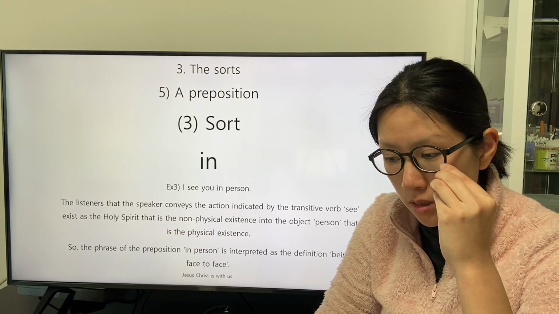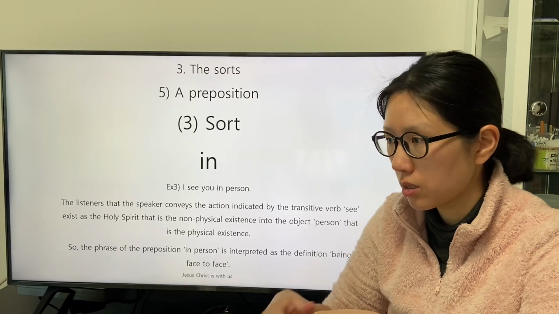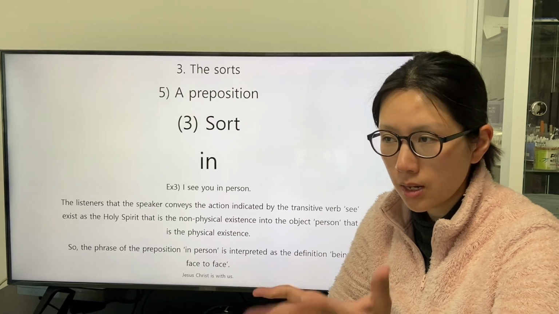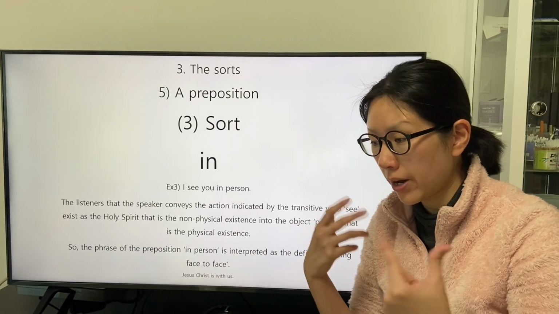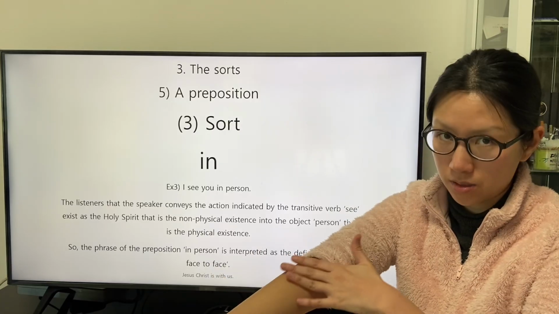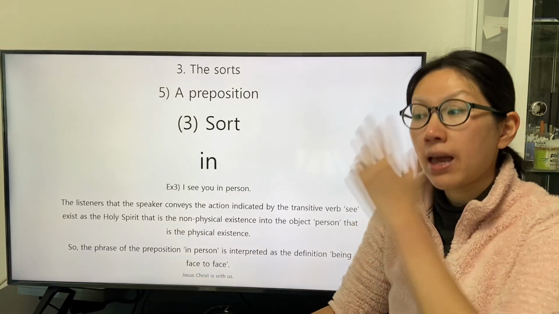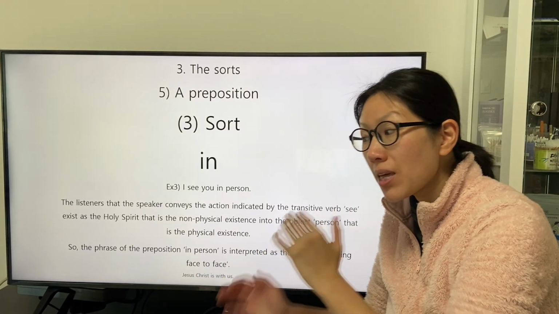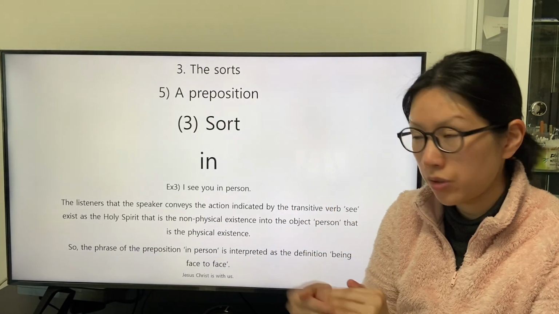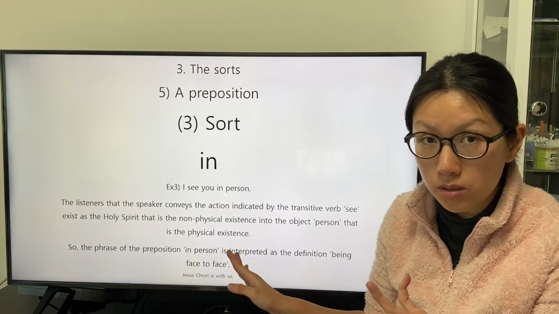This concern, this discourse cannot be described or explained by the physical existences. So then we can think of the spiritual context to understand this clause.